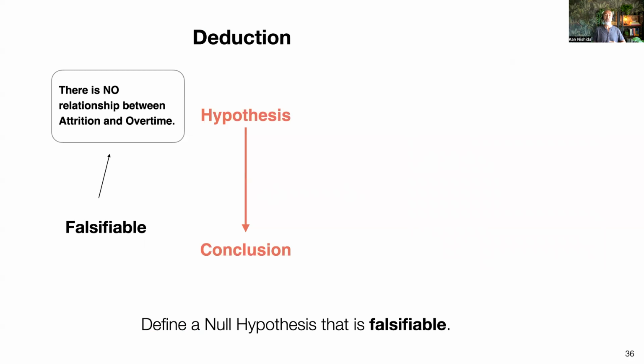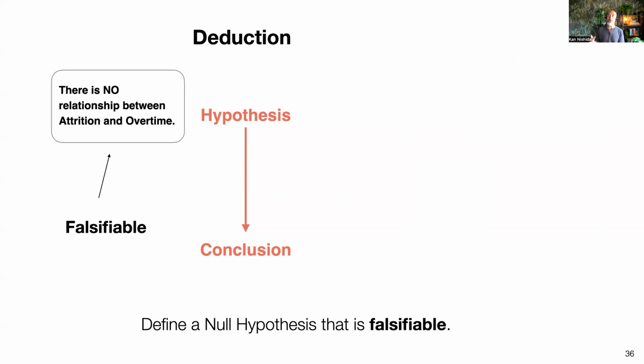In this case, it has to be a falsifiable hypothesis. And falsifiable hypotheses tend to be about nothing or zero. Then we can start from there. Instead of stating there's a relationship, we want to go with there's no relationship.